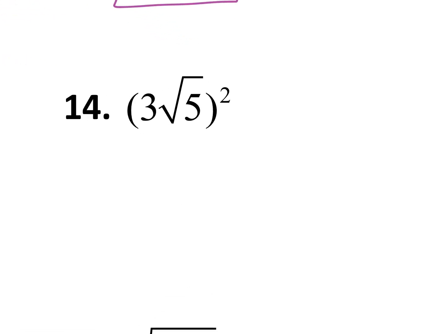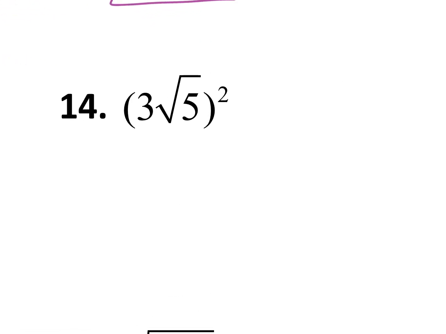All right, I want you to try 14. Think about what this means. So 3 rad 5 squared. So we're squaring that whole thing, right? These parentheses, it doesn't really look like it, but the parentheses are around this whole thing. What do you get when you square 3 rad 5?